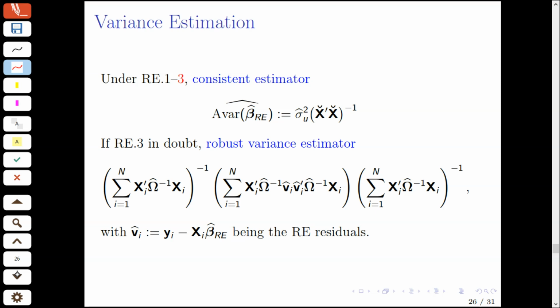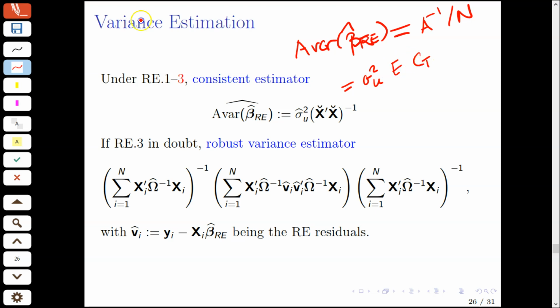Now, using the analogy principle and our recent discovery that the asymptotic variance of the random effects estimator is A inverse over n, which we could write as the variance of the idiosyncratic error term and the inverse of this expected product of the transformed regressors, the whole thing divided by n.